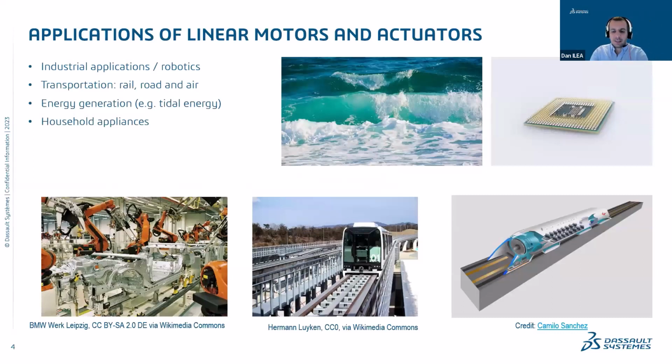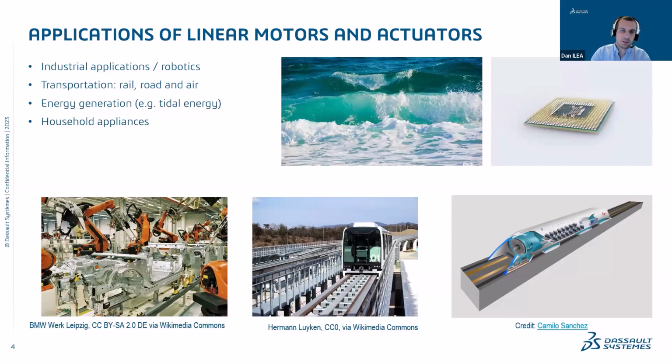So linear actuators, basically just converting electrical energy into movement, but as different from electric motors, what we've been talking about for the past couple of hours, we're talking about linear motion. So there are many different applications, many different cases where we want to have a linear motion. We want to actuate something in the linear direction.